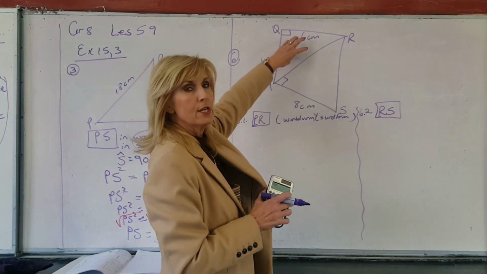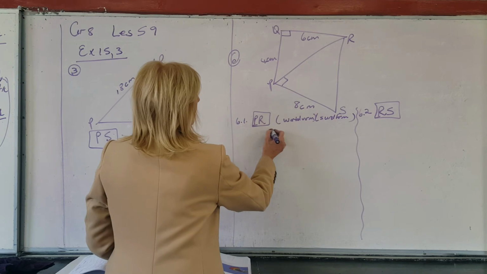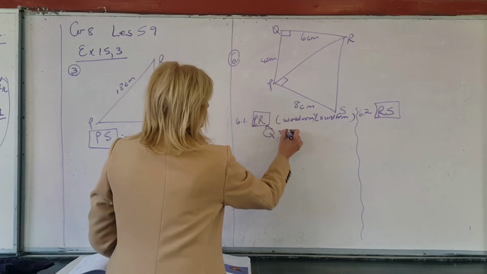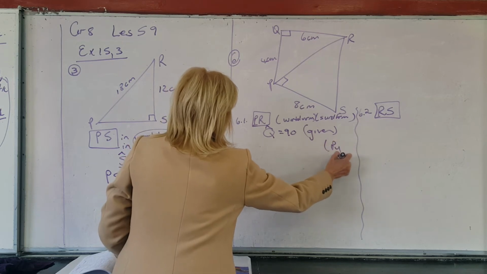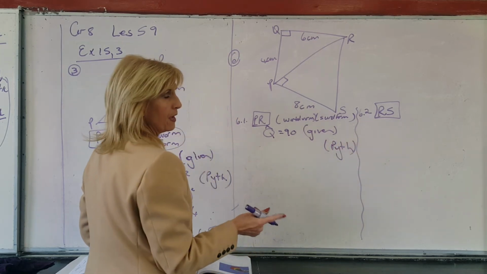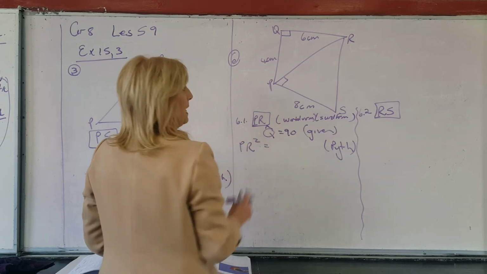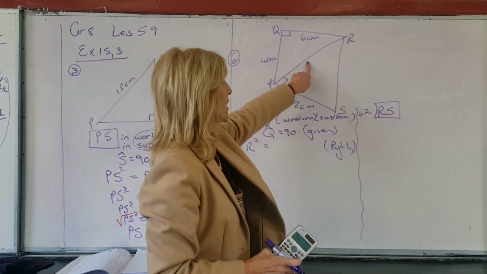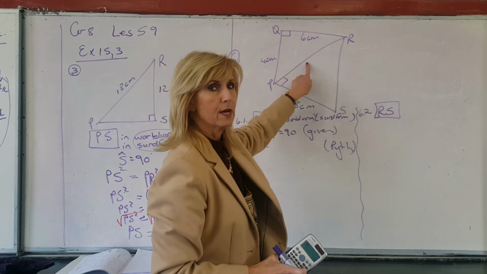So you're going to start in that top triangle where I'm going to work out PR squared. Again, you have to say, listen, Q is 90 given. That is why I can work with Pythagoras. And what does Pythagoras say? PR squared. Is that now the hypotenuse side or not? In this triangle, it's not the hypotenuse side.